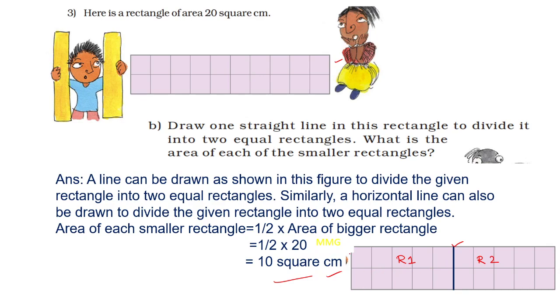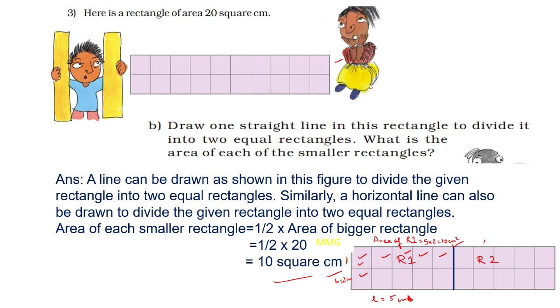One way is this, and another way you will count the number of squares, 1, 2, 3, 4, 5. So length is 5 and breadth I am going to write over here. Okay, 1, 2. So 2 centimeter is the breadth and 5 centimeter the length. So area of rectangle 1 is 5 into 2 equals 10 centimeter square.